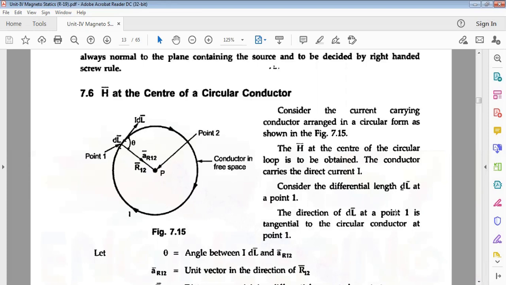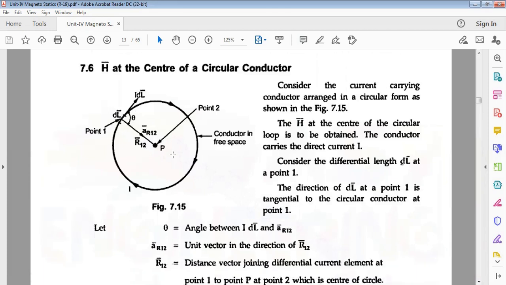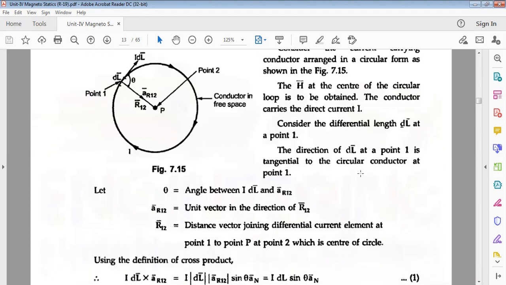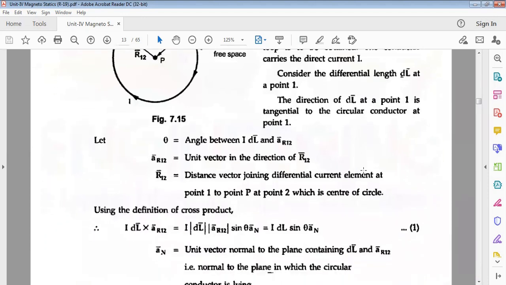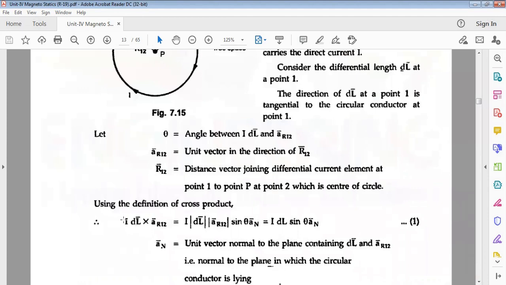The direction of dl bar at point 1 is tangential to the circular conductor at point 1, where theta is the angle between I dl bar and a r bar. a r bar is a unit vector, r bar is the distance vector joining the differential current element to the point. Now I dl bar cross a r bar is I times the magnitude of dl and a r times sine theta a n bar, since the cross product is a magnitude times sine theta.